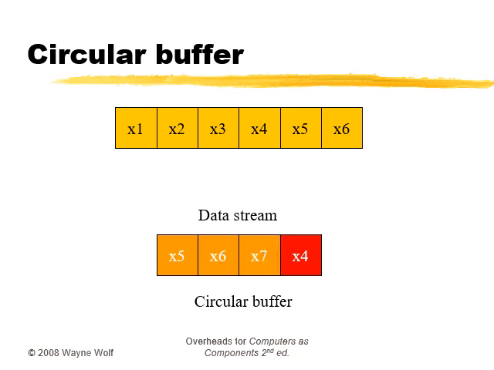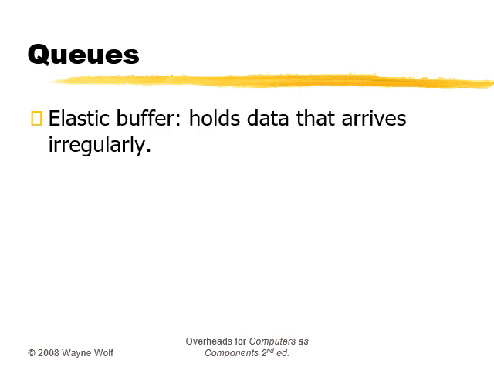In this slide we are going to talk about queues, which are the third most important component of embedded software. Previously we talked about state machines and circular buffers. So queues are basically a kind of buffer, but an elastic buffer. It holds data that arrives irregularly.